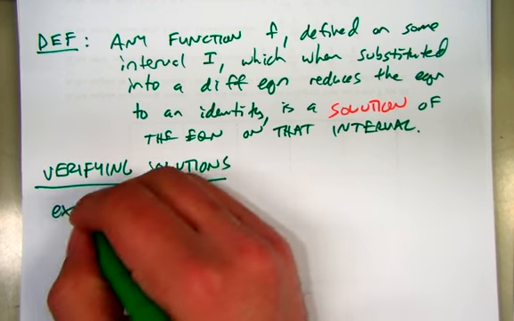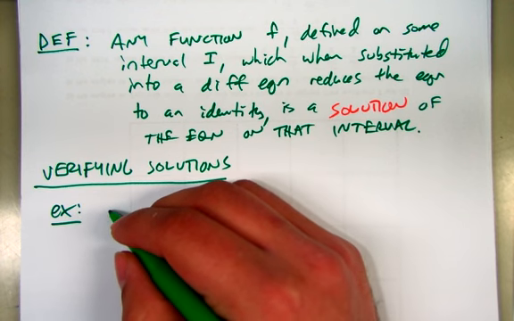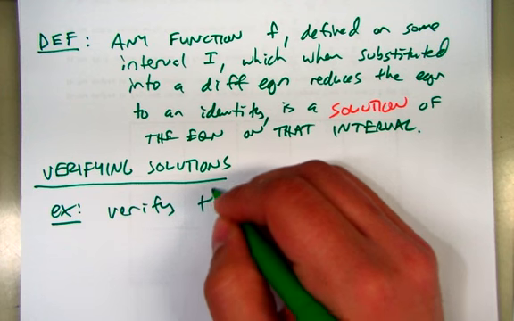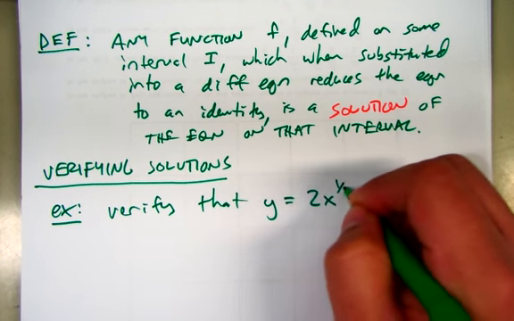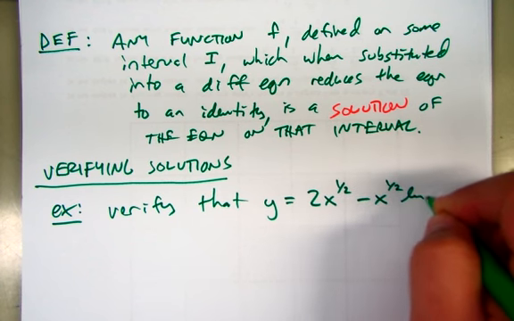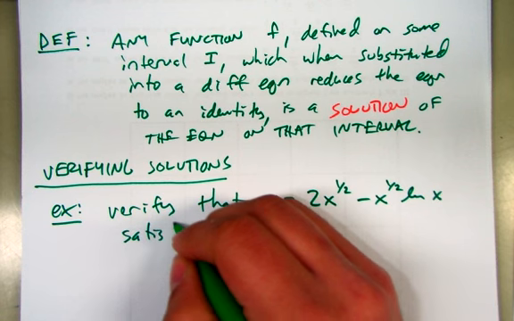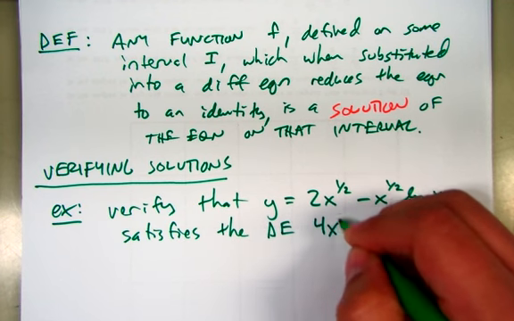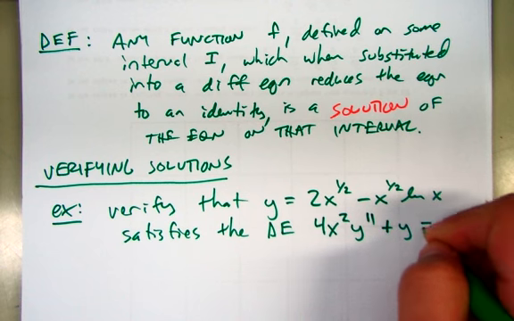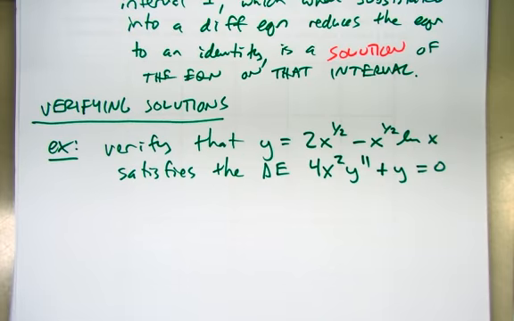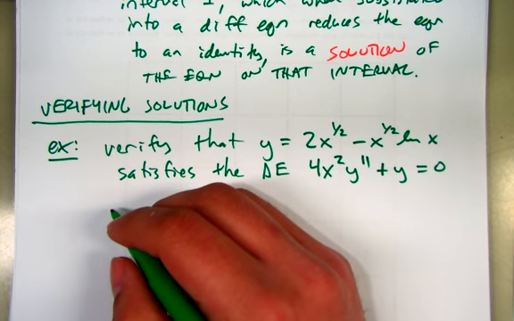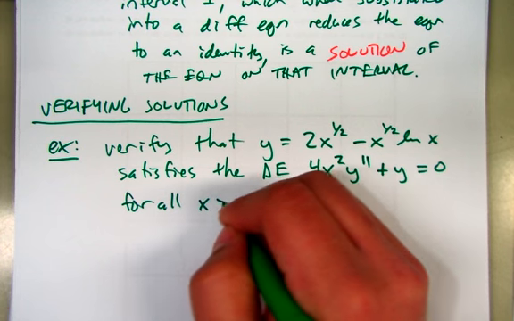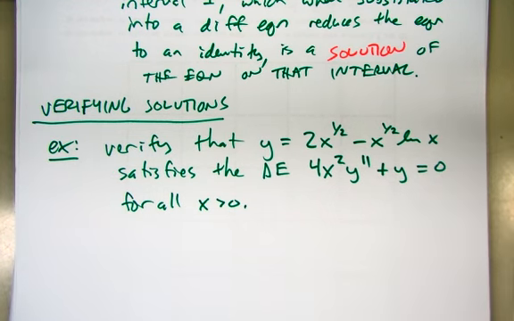So, for instance, verify that y equals 2x to the 1/2 minus x to the 1/2 ln x satisfies the differential equation 4x squared y double prime plus y equals 0, for all x greater than 0, which is implied because we have that natural log function in there. Take 2 minutes and think about it.